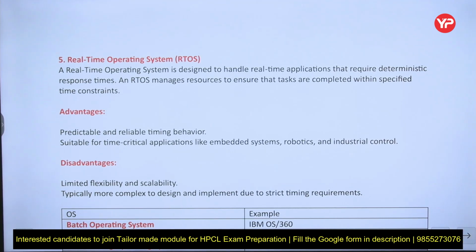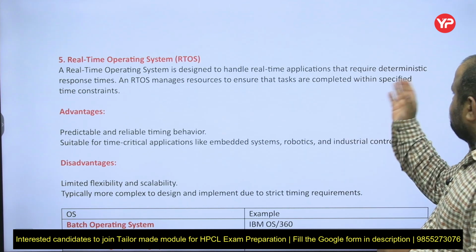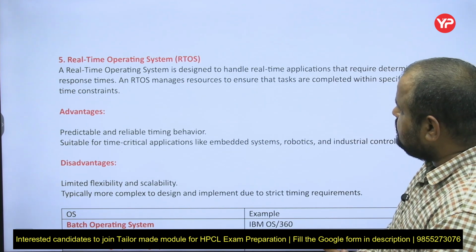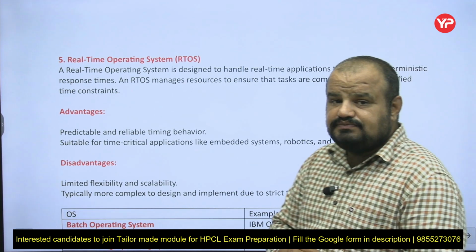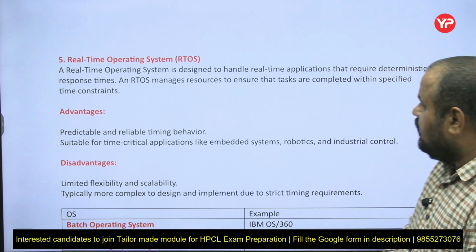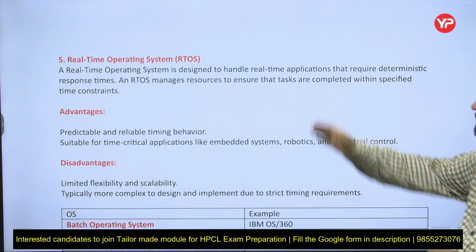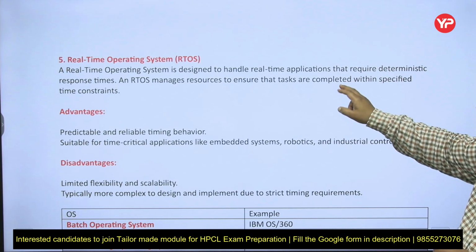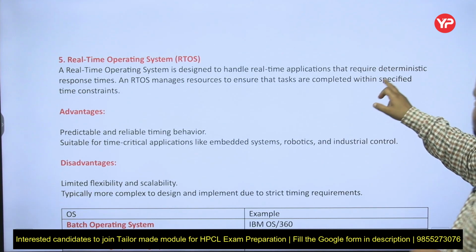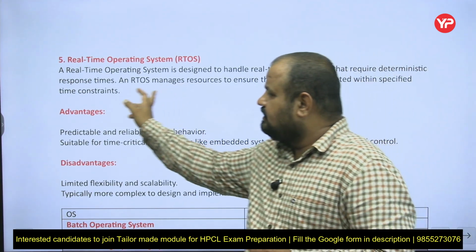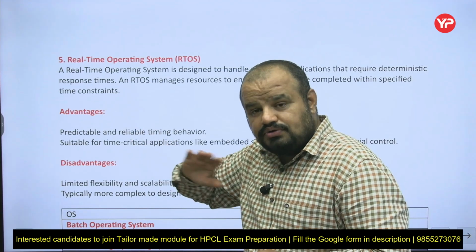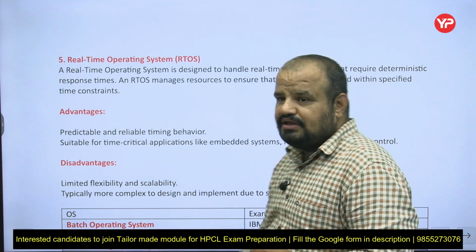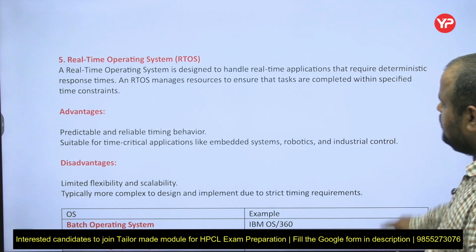We actually require the real-time operating system that requires deterministic response time. Their response is very fast. A real-time operating system manages resources to ensure that the tasks are completed. That is a very important point. The tasks are completed within specified time constraints. We don't require a single unit of delay. Fine, that is called real-time operating system.